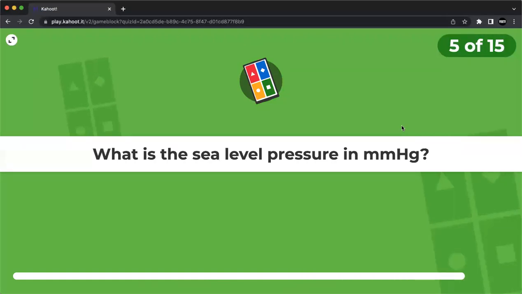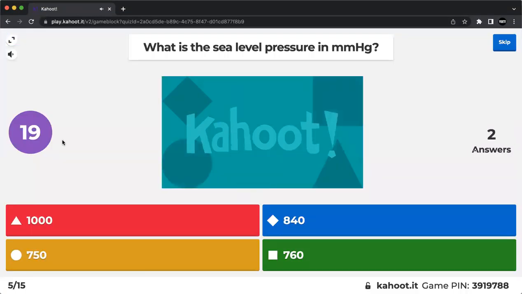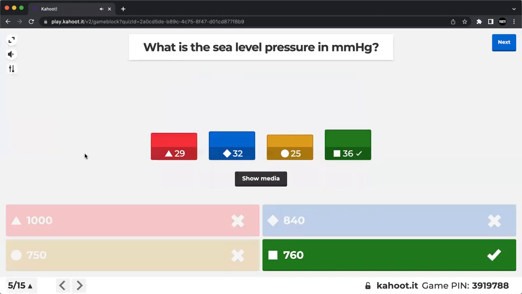What is the sea level pressure in millimeters of mercury? Yep, 760.